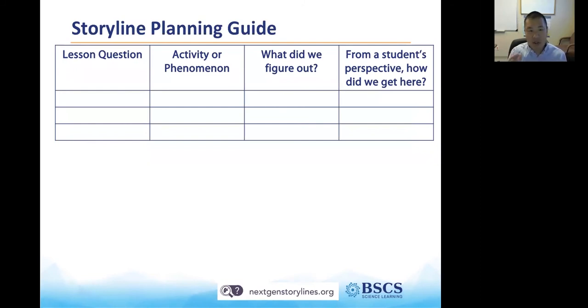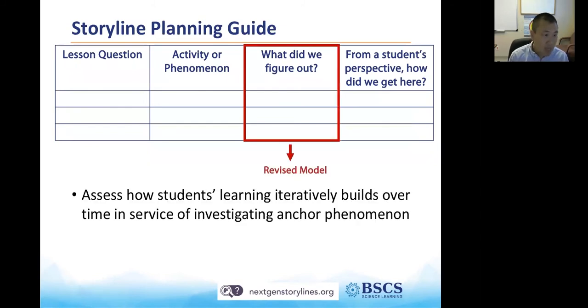We want kids' learning to be coherent from one place to the next. So this is the place for us to think about how the activity that they are doing right now makes sense in the context of what they've done previously, and in terms of helping them to achieve the overall goal. So as a whole, the things in that 3rd column should incrementally build to develop a revised model for how and why the phenomenon occurs as it does.